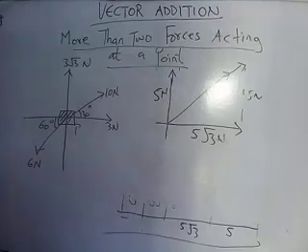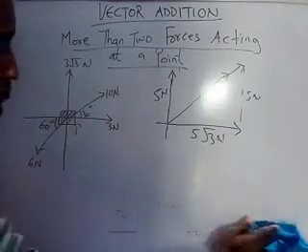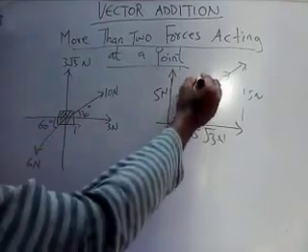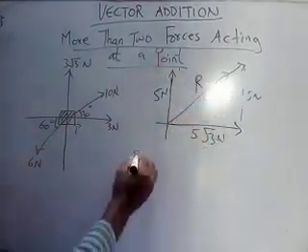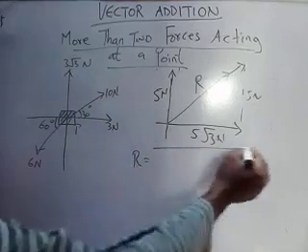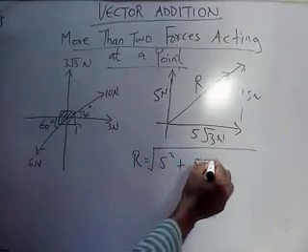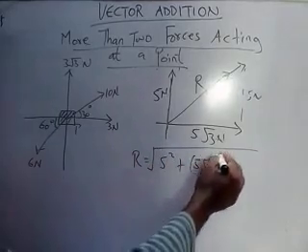At this point, we are going to bring in Pythagoras. So our resultant equals square root of 5 square plus 5 root 3 square.